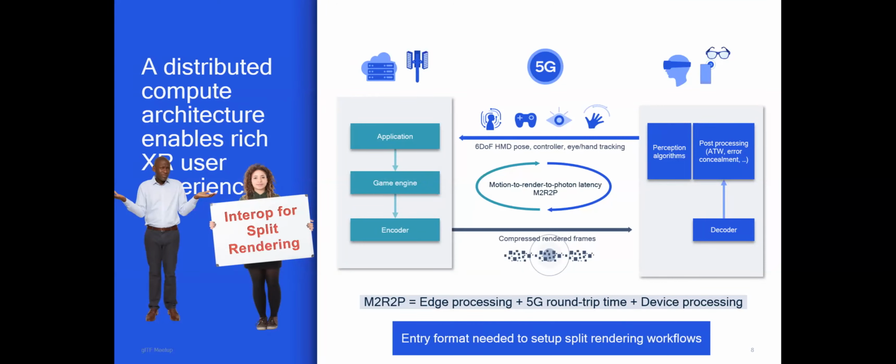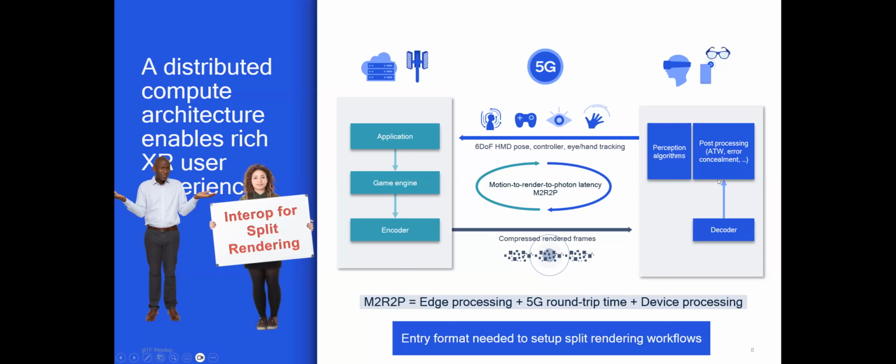Another aspect that is also in the context of what you have seen before, in order to enable rich user experiences on lighter weight devices such as glasses and so on, one approach, which is very prominently researched and implemented, is what is referred to as split rendering, meaning you run your application, the game engine, on the server, and then you prepare or pre-bake your scenes in a way that the device, according to its capabilities, is able to render this.